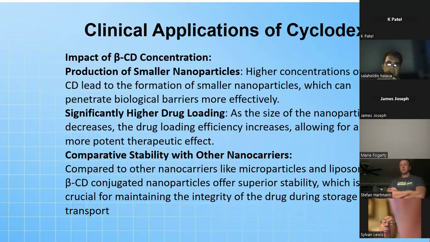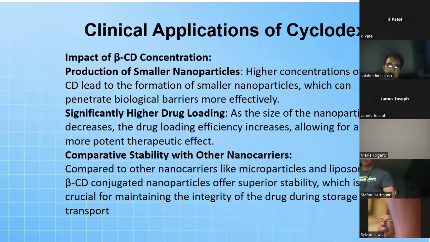What is the impact of beta-cyclodextrin concentration? Production of smaller nanoparticles. A higher concentration of beta-cyclodextrin leads to the formation of smaller nanoparticles, which can penetrate the biological barrier more effectively, right? Through endocytosis, and also when you take it orally, it will go through the lymphatics, so it will bypass the first-pass metabolism, which is the liver.